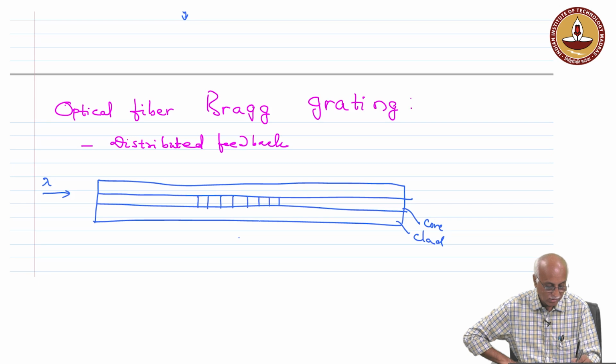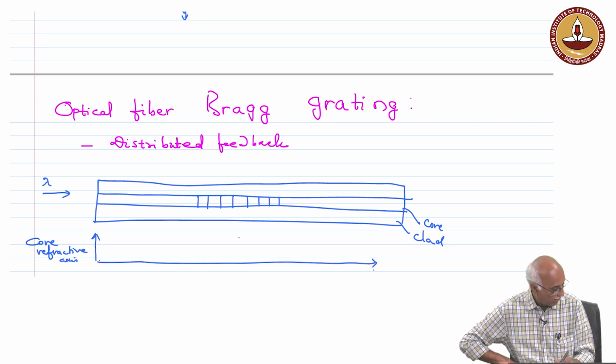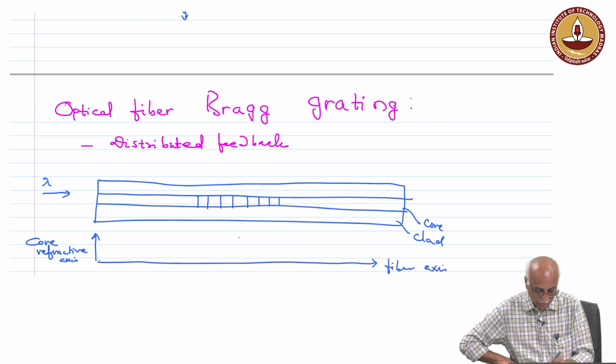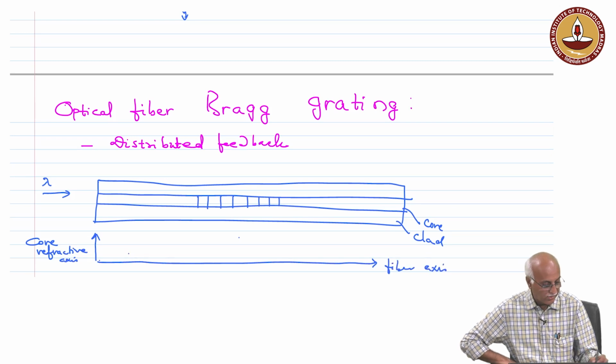Let us assume the core refractive index is on the y axis, and this is the fiber axis through which the light is transmitted.